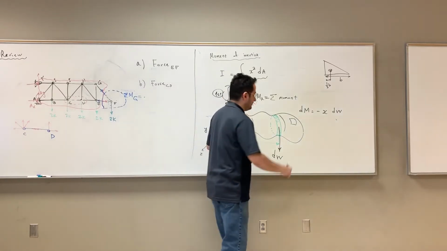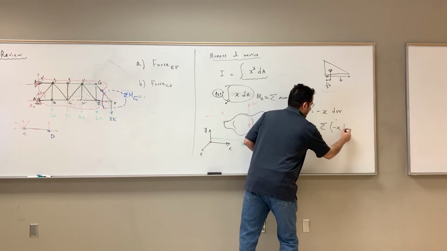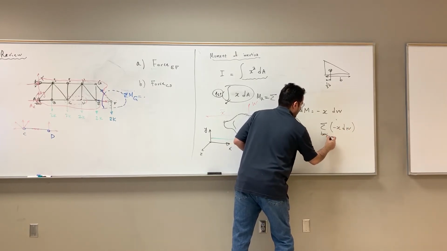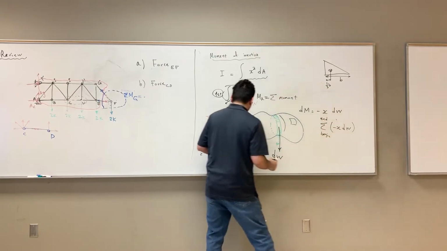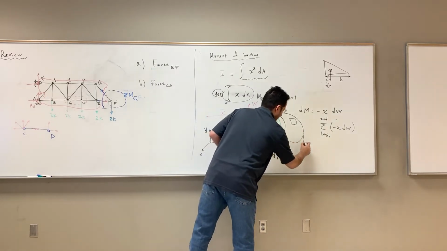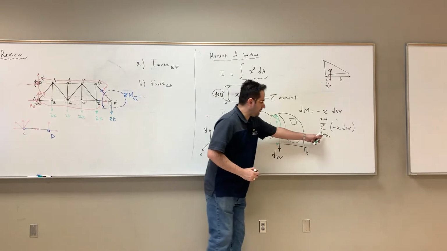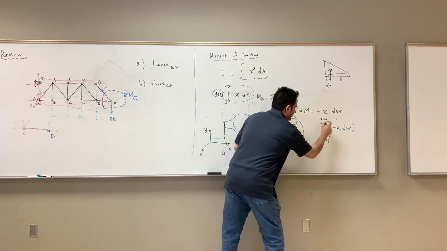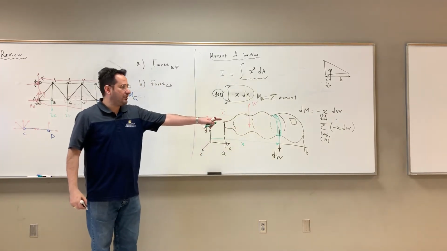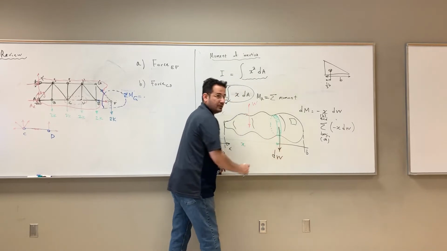I get the sum of all these little moments from the beginning of the object to the end of the object. Let's say the beginning of the object is A, the end is B, right? So this is the sum from A to B. So what happens to that sum if I have infinitesimal thickness?